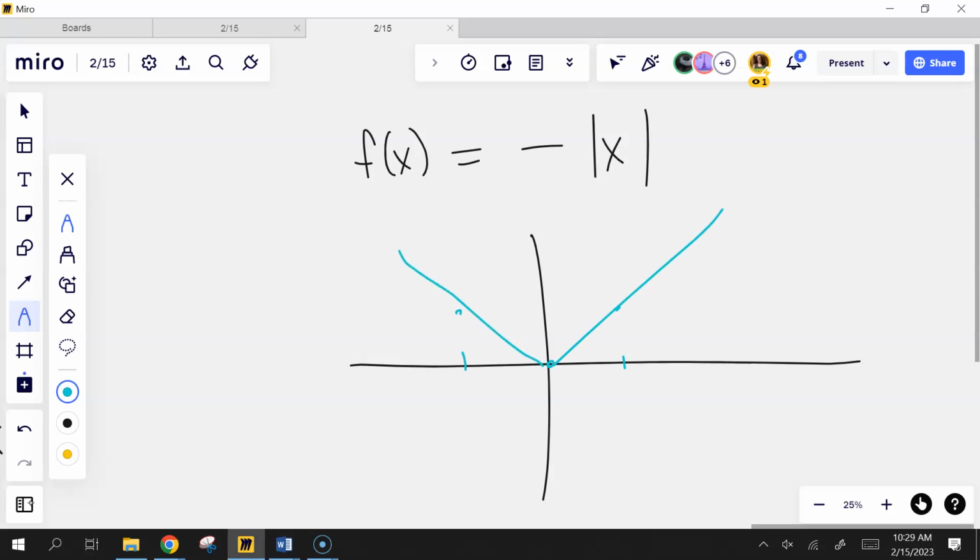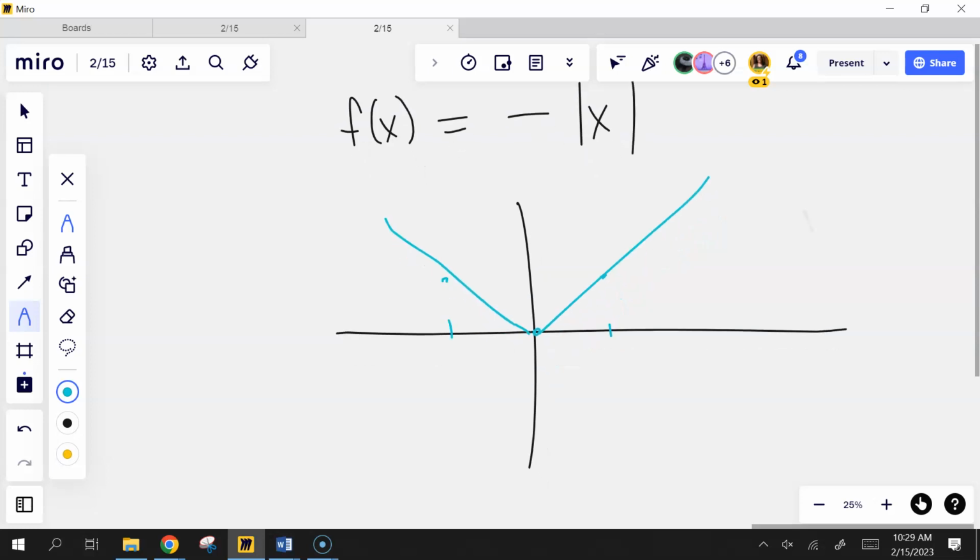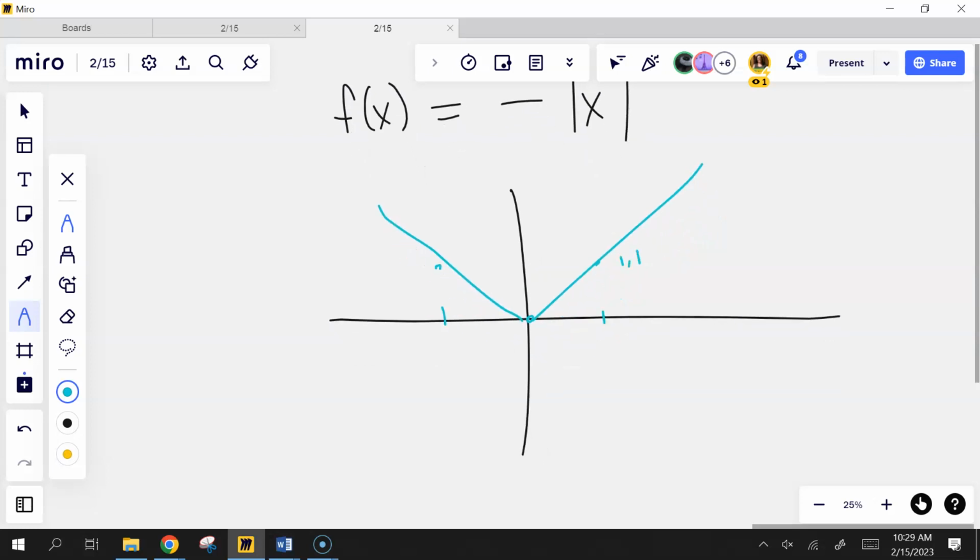But to do the reflection, every y is negated, right? 1, 1 becomes 1, negative 1, 0, 0 stays 0, 0, negative 1, 1 becomes negative 1, negative 1. You see how the y values there change, but the x's stayed the same? There's the reflection. Reflections are pretty easy.